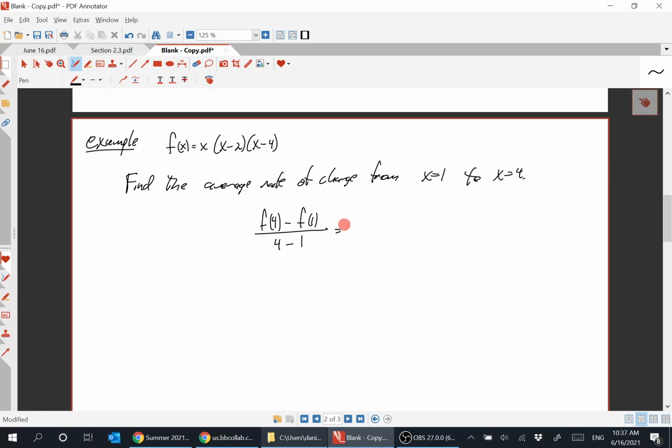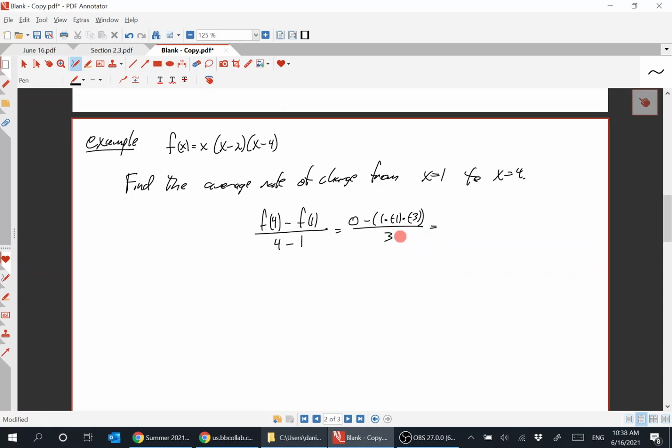Okay, no big deal. f of 4 is, of course, what? What's f of 4? Right, since this has a factor x minus 4, it's 0 minus, well, f of 1 is 1 times minus 1 times minus 3, over 3.